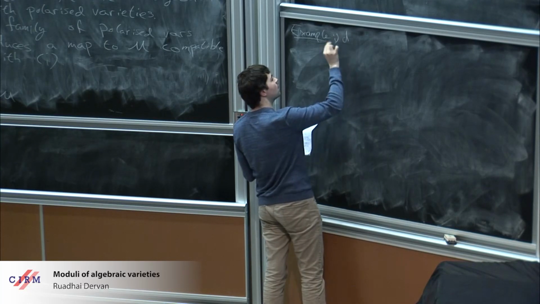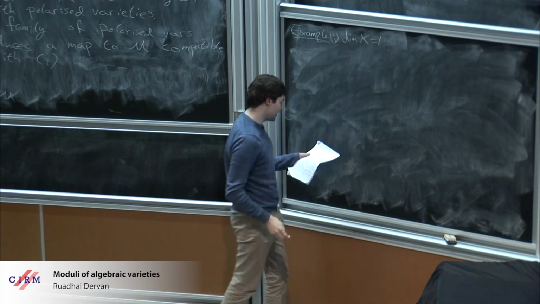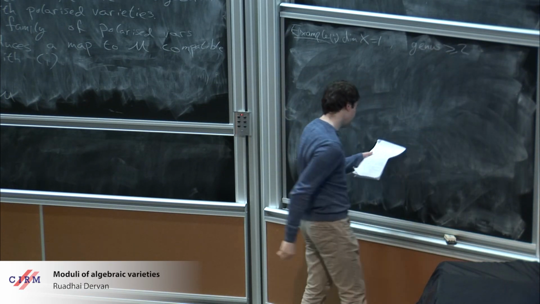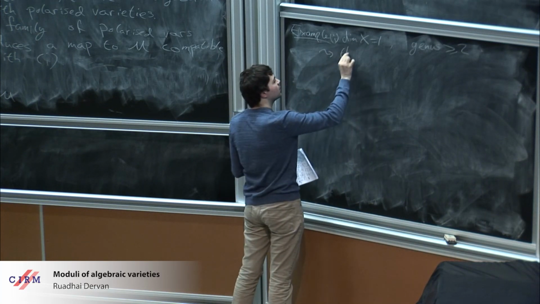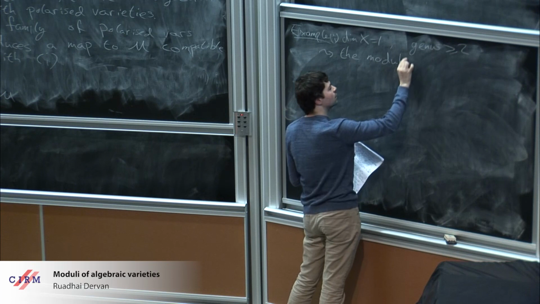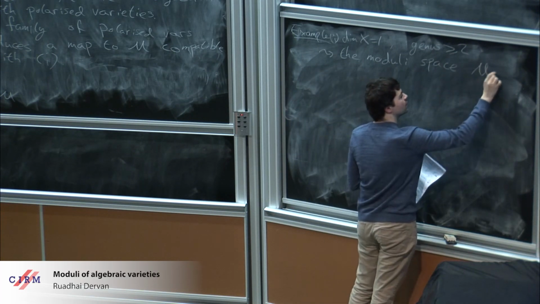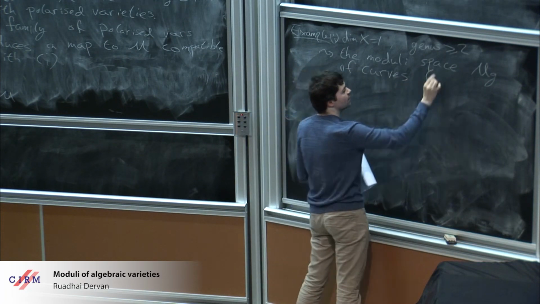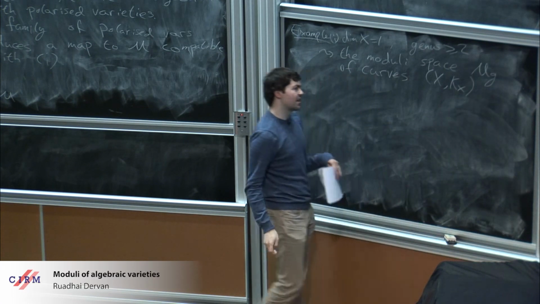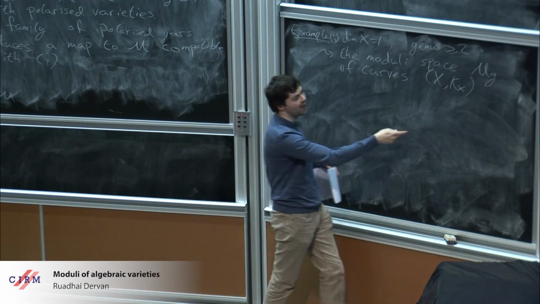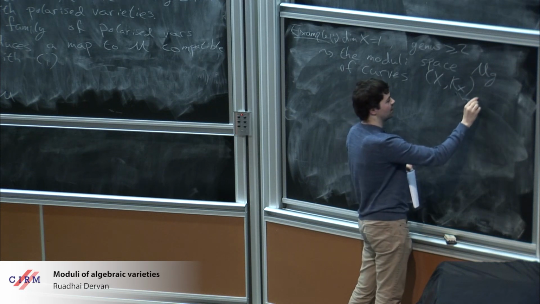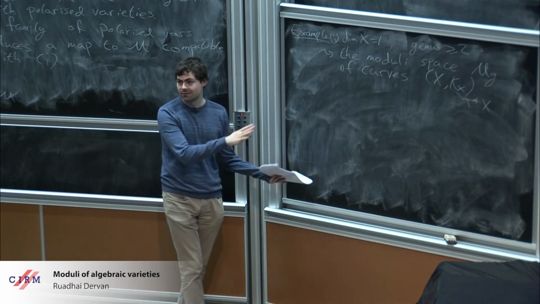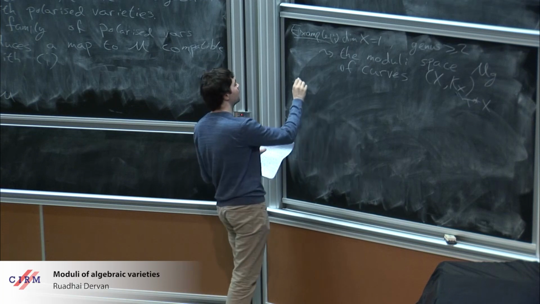So if the dimension of X is 1, so you're dealing with Riemann surfaces, and say the genus is at least 2, then you get the moduli space Mg of smooth curves X, and I choose the line bundle on the varieties to be the canonical class. So this is, as we saw earlier, the top exterior power of the cotangent bundle, which for a curve is, there's no exterior power at all, it's just the cotangent bundle.